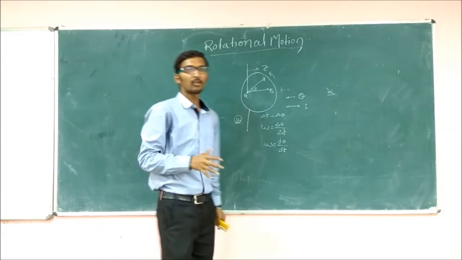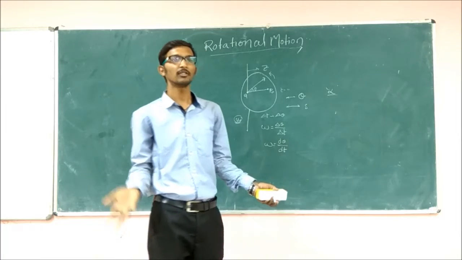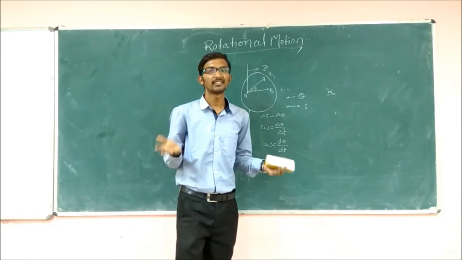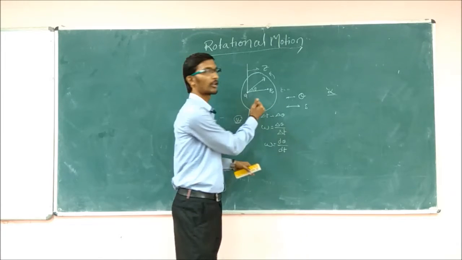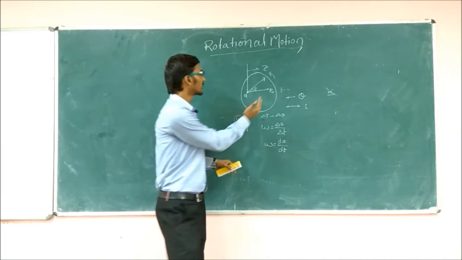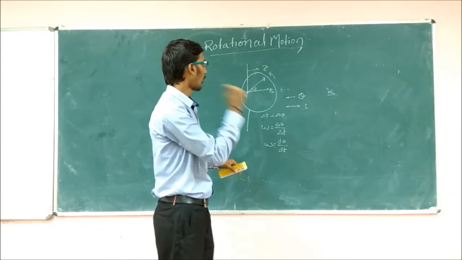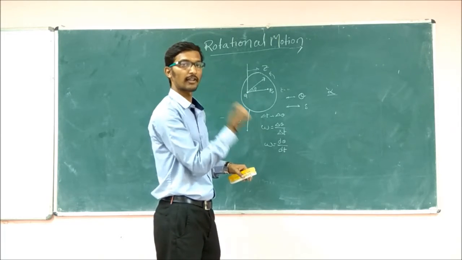We can find out the direction of angular velocity or angular acceleration or angular displacement using the right hand thumb rule. Right hand thumb rule is very simple. We have to curl our fingers in the direction of rotation of the body, and the direction in which your right thumb points out is the direction of angular velocity or angular acceleration or angular displacement.